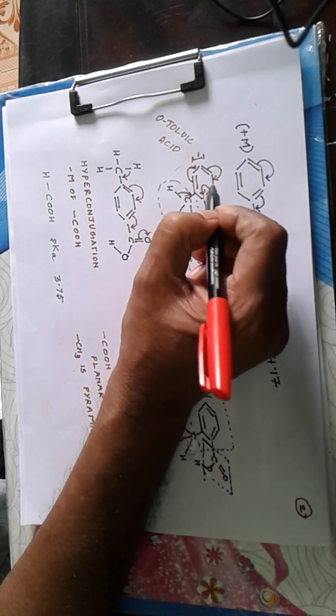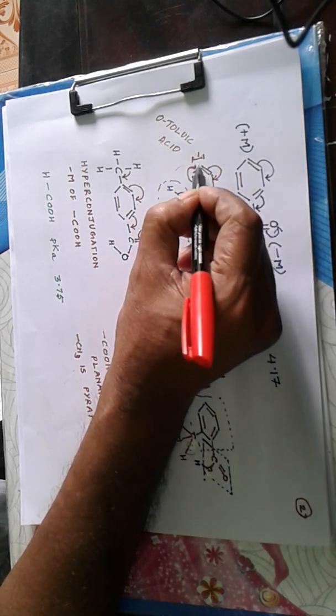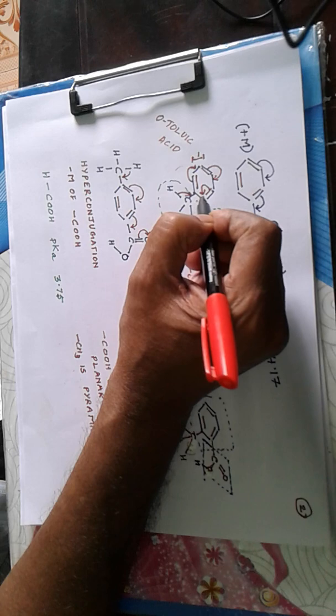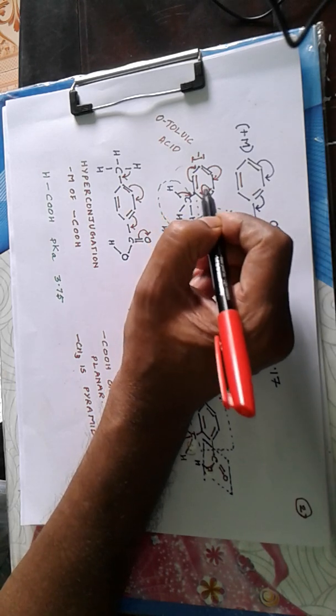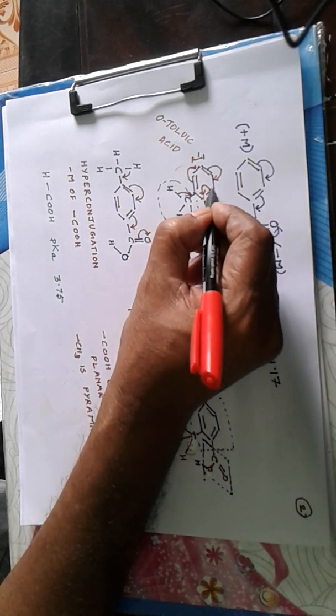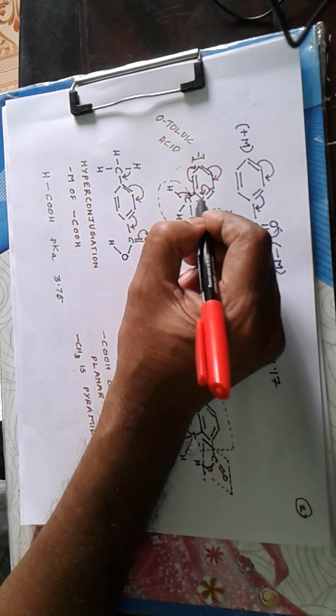This phenyl group, due to the presence of unsaturated carbons, 6 unsaturated carbons, excluding this one we have 5 unsaturated carbons, excluding this carbon 1. So due to the presence of excess unsaturated carbons, the minus I effect of the benzene ring can operate, so that the small plus I effect of this methyl group can be nullified.